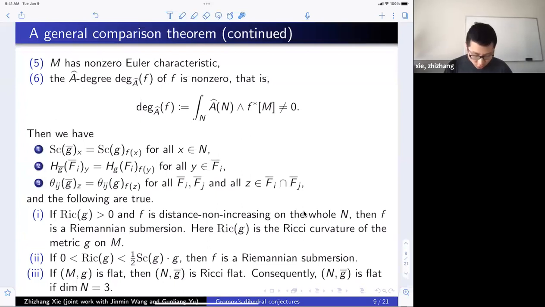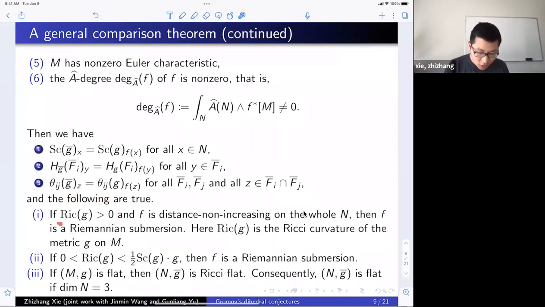This condition, of course, does not apply to Gromov's original conjecture for a convex polyhedron, because our original metric would be flat, it's not Ricci positive. But for example, this part will become interesting if we work on a region of a sphere. If you're looking at a spherical polyhedron, then this will be very much relevant.